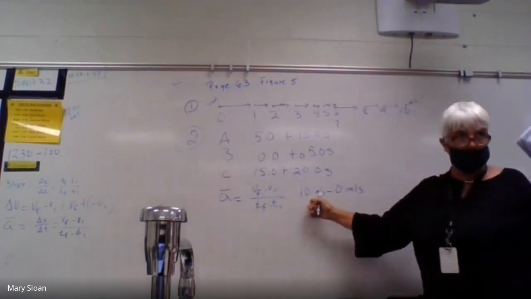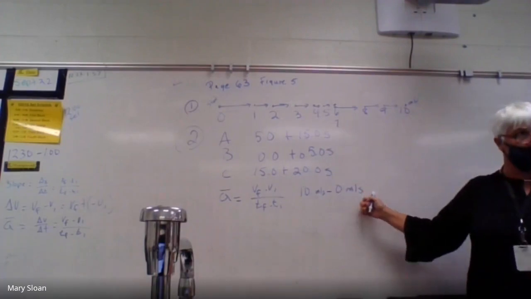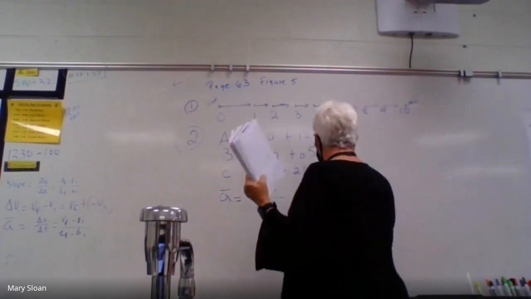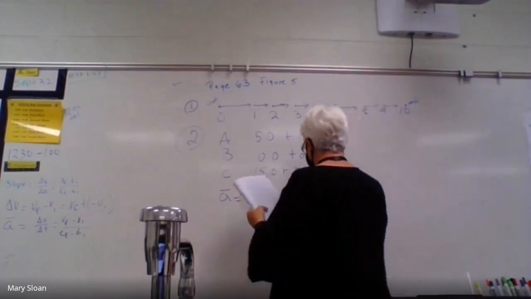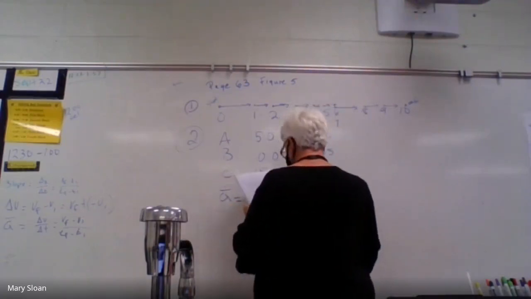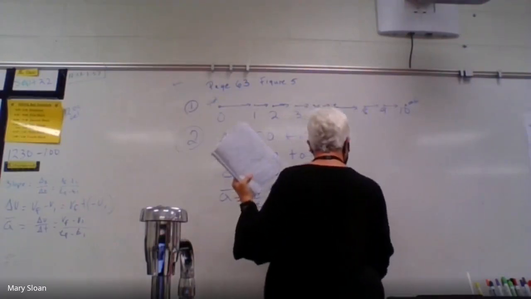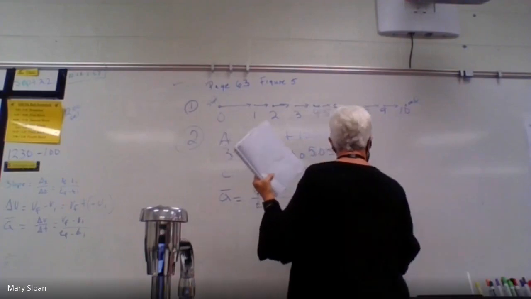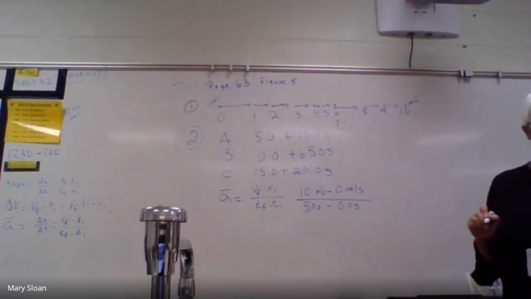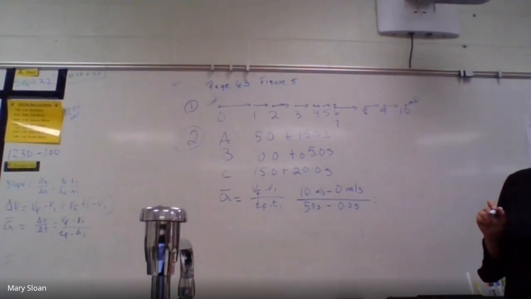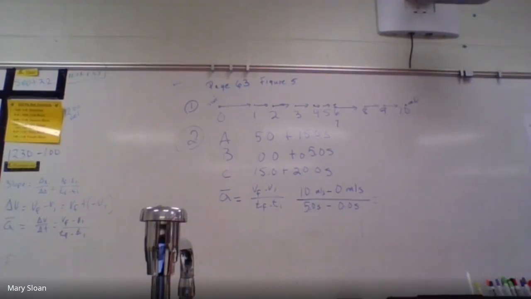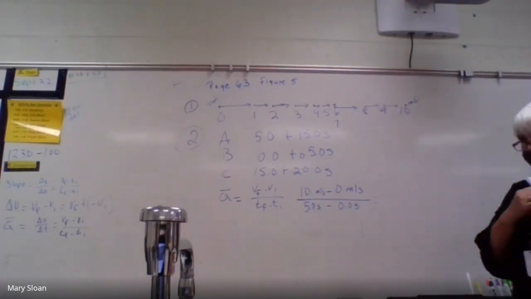That's my velocity final and my velocity initial, isn't it? What is my time? 5.0 seconds, subtract 0.0 seconds. Get your calculators out and do the math, please. Remember, you're going to use the AB function.